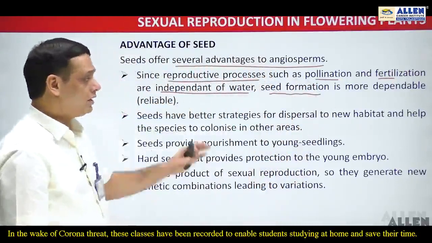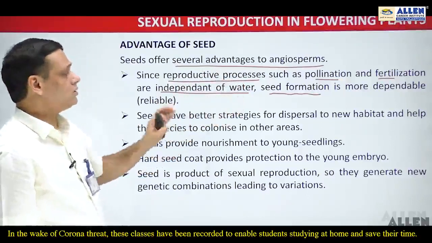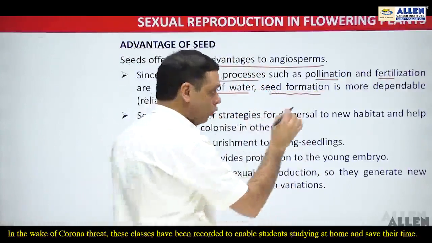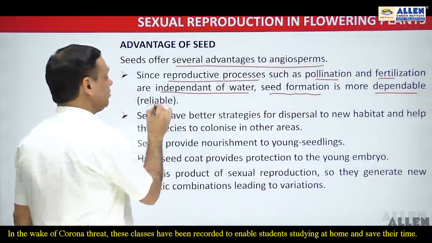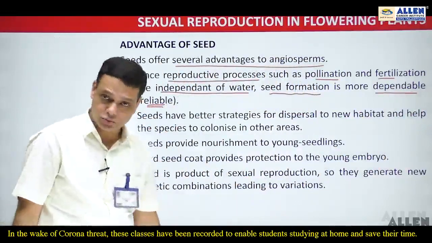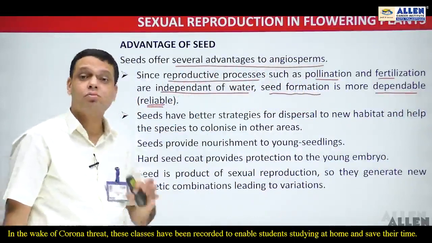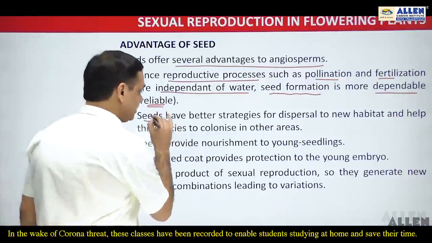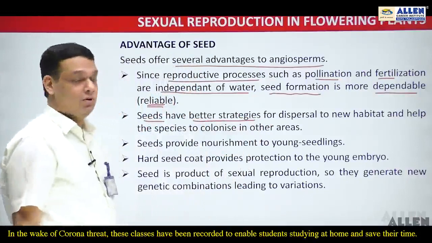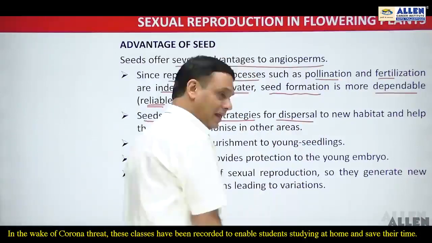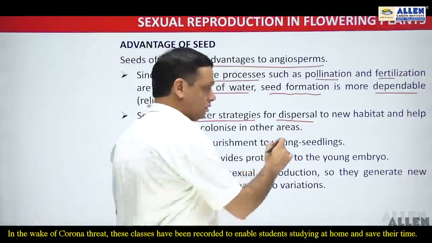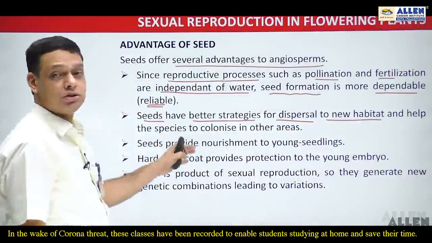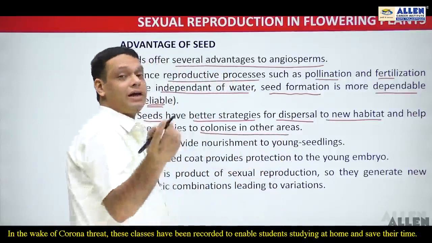That seed formation is a more dominant advantage over this independence from water, because seed formation is more dependable, or you can say more reliable, in the case of angiosperms. Why is seed formation more dependable in angiosperms? Because these seeds have better strategies for dispersal, and as they have better strategies for dispersal, they help to create new habitats and help the species to colonize into other areas.